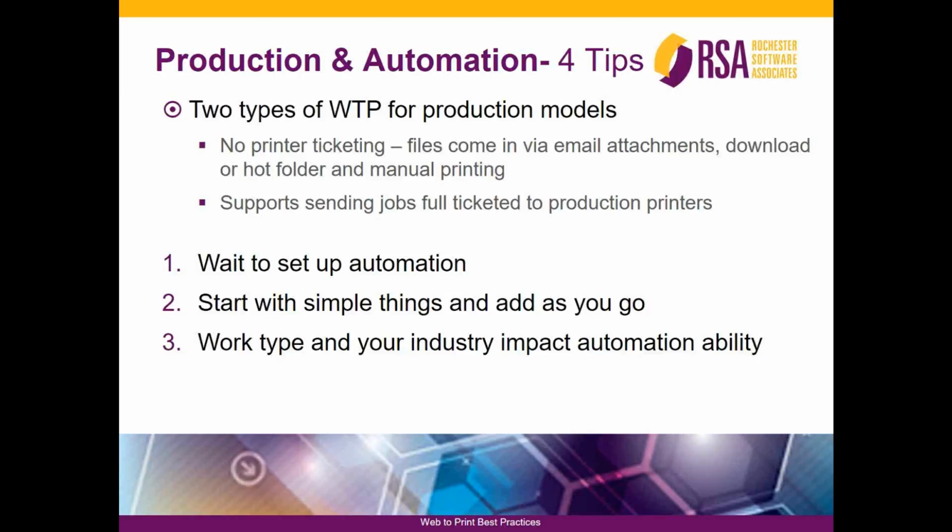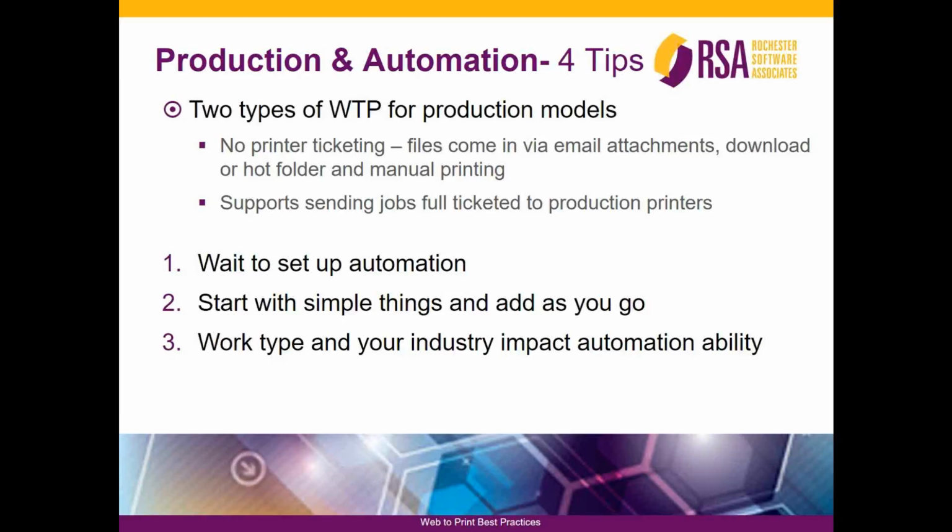So the first point I make here is that you want to wait to set up automation. This is kind of counterintuitive, but you really have to understand how the system works and how jobs are processed through the system before you start jumping into automation. That's really all that means.